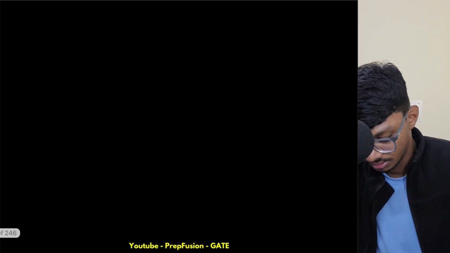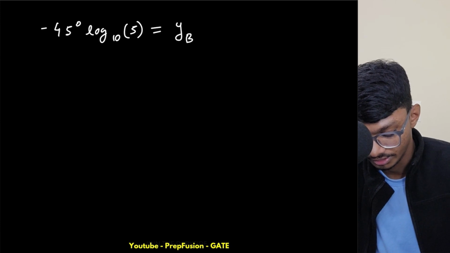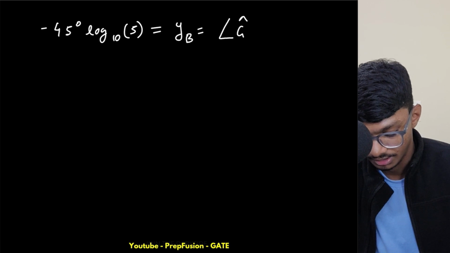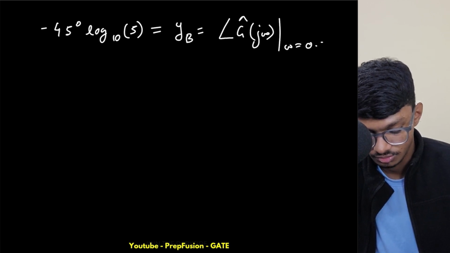So minus 45 into log base 10 of 5 equals my YB, because YA is 0. So this equals my approximated angle of G of J omega at omega equals 0.5 A.